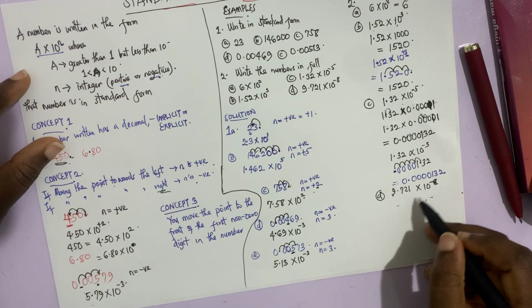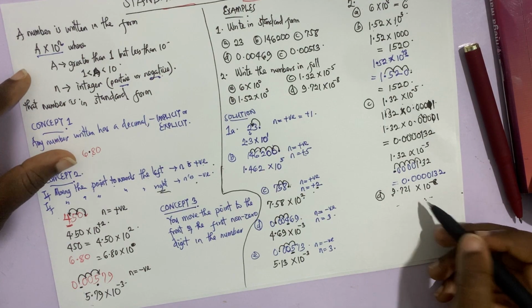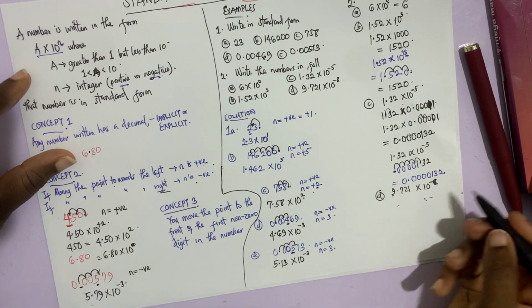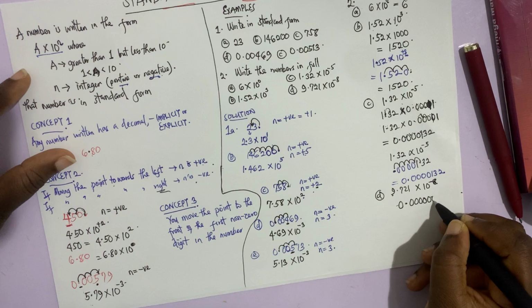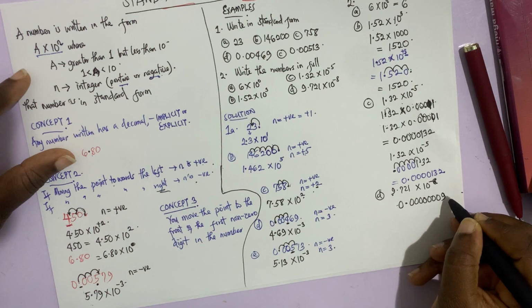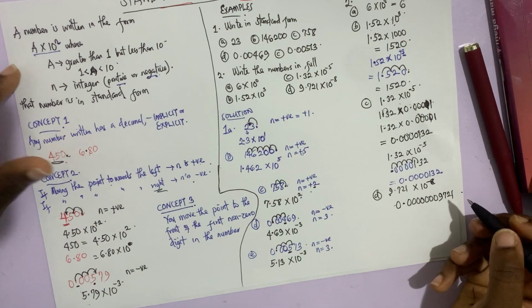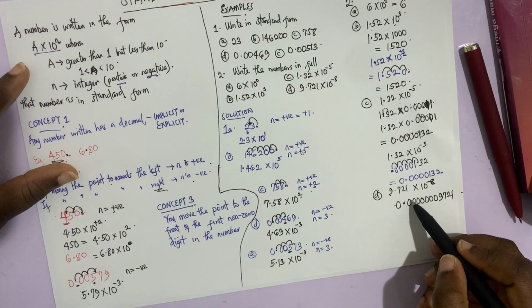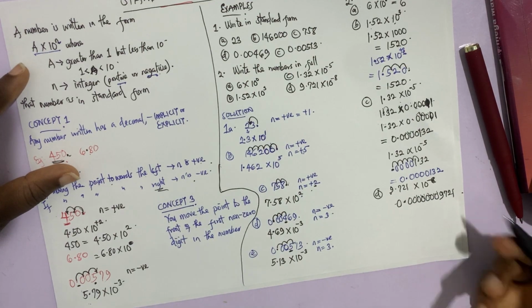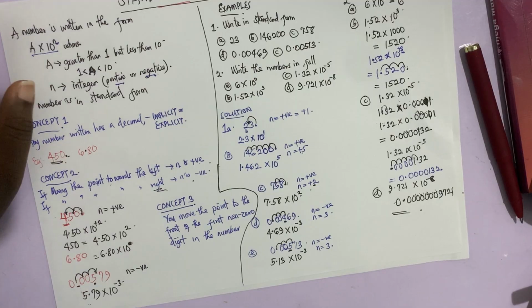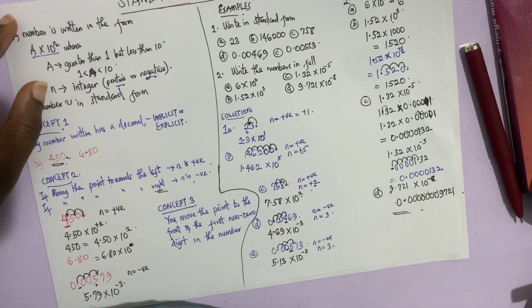If it's minus 4, how many zeros will you add in front? 3 zeros. So this one, minus 8, we add 7 zeros. So it becomes 0.0000000 and then we add the number 9721. So you see that if you are counting like this, 1, 2, 3, 4, 5, 6, 7, 8 is correct. So that is standard form.